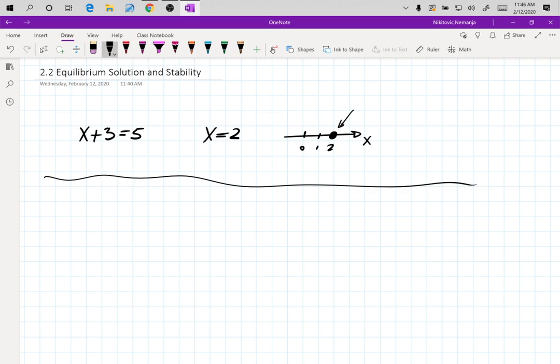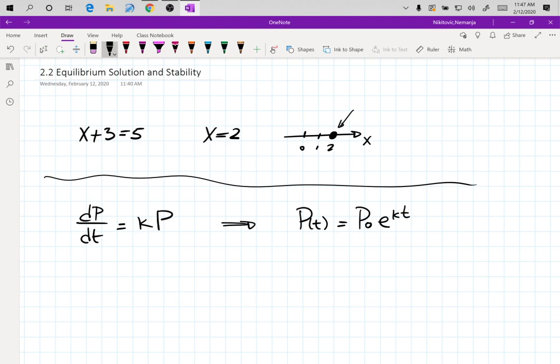So let's first take a look at the population models. We had 2 population models that we covered somewhat in depth. The first one was the differential equation dP/dt equals kP, whose solution was P(t) equals P0 e to the kt. Now, when you use this particular solution, you can compute the population, or you can compute the time if you have the population.